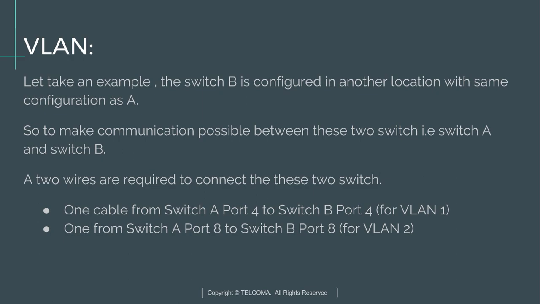If we want to make communication possible between these two switches, we require two wires. One cable is used from switch A port 4 to switch B port 4 to communicate for VLAN 1. The next cable is required to connect switch A port 8 to switch B port 8 for VLAN 2.